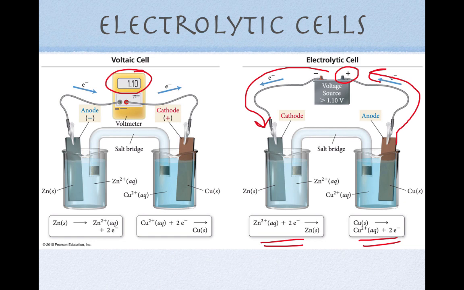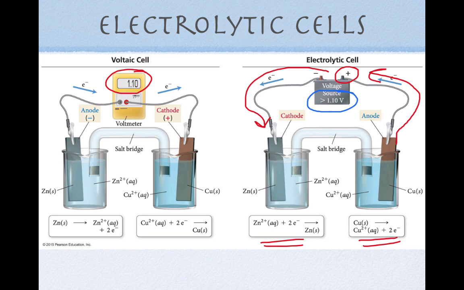Notice also that my voltage source here says greater than 1.1 volts. Now the reason for that is that there's a natural driving force pushing those electrons from the zinc to the copper, and that potential is 1.1 volts. So if I want to make them go in reverse, I have to apply a voltage that's greater than 1.1 volts in order to make those electrons go in the opposite direction.